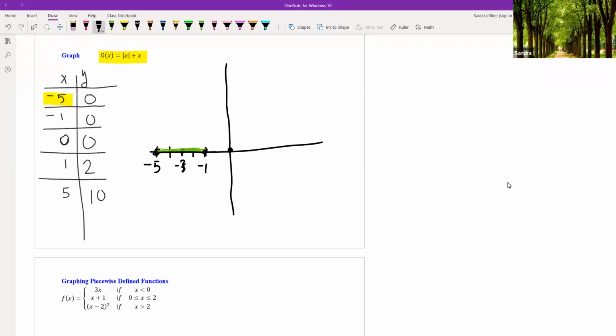So that means that this continues. 1 and 2. X is 1, Y is 2. 5 and 10. Well, I think you can see where it's taking you.